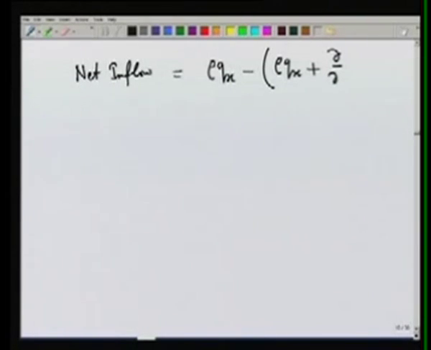Therefore, the net inflow would be rho qx, which is the inflow from the left face, minus the outflow from the right face, which is rho qx plus, and using our assumption, we have taken rho out of the derivative, del by del x of qx times delta x, and this will result in minus rho del qx by del x times delta x.